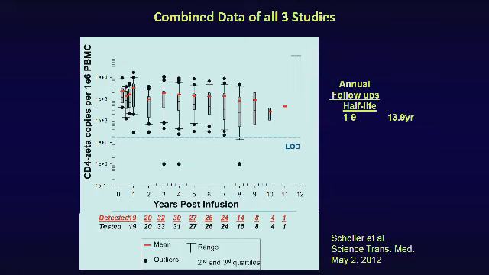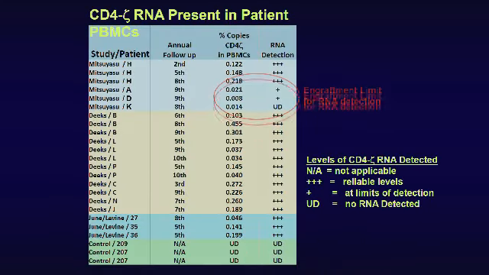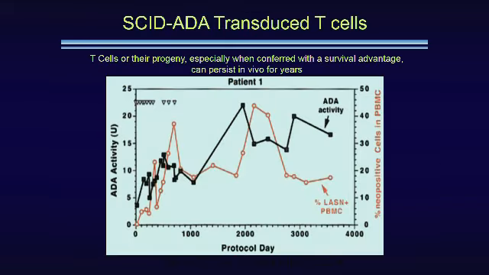And when you do the statistics on the first 9 years of time points, this turns out to be a 14-year half-life following a single infusion, which is really quite remarkable. We did RT-PCR and were able to detect transcripts in all of these patients. These were at the limit of detection, so we know that the gene is not silenced.